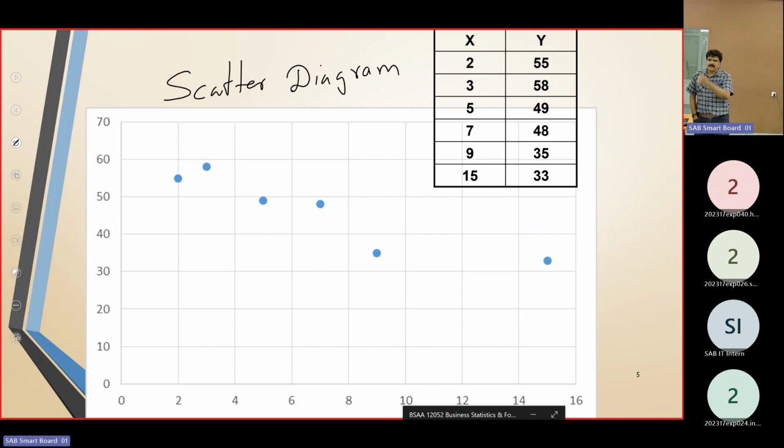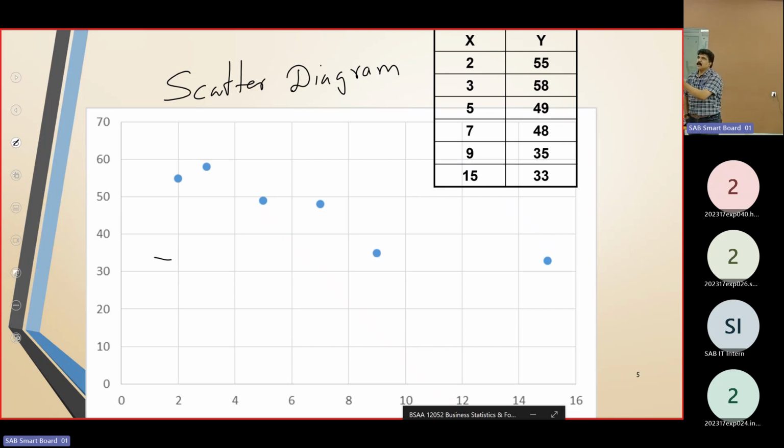Now when you have a data set, you know how to draw the scatter diagram. Along the x-axis, you take the predictor variable values, and along the y-axis, the response variable values. Just mark the points and leave it. What you get is the scatter diagram.